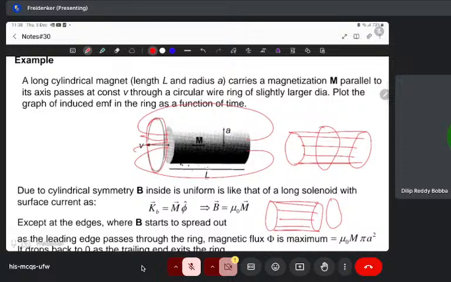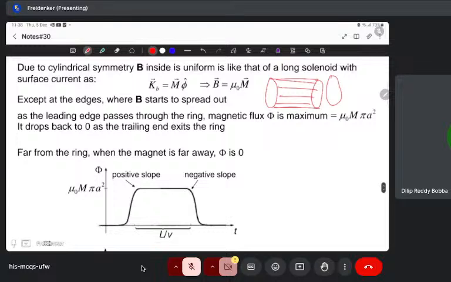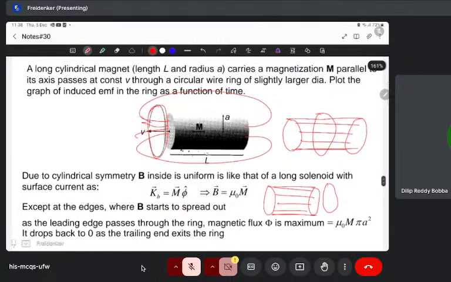So I think that is what they want to tell. The flux is basically the number of field lines passing through the area, right? So initially it increases, increases, increases, and it stops because it's the same line. The same number of lines will pass through this loop because in the center it's almost constant.